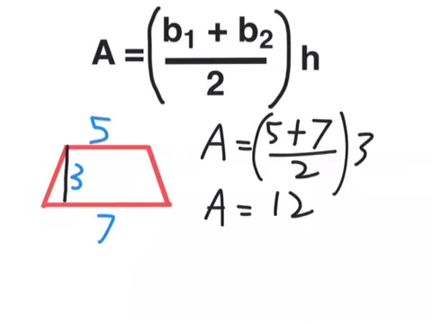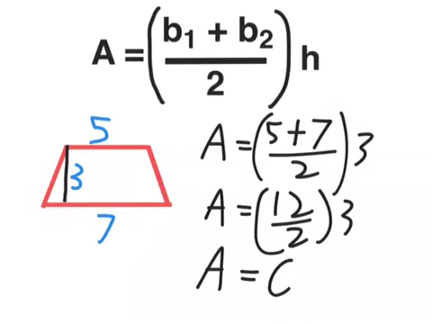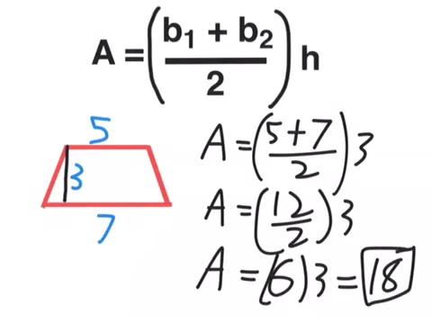So that's 12 over 2 because we add the 5 plus the 7 to get 12. 12 over 2 times 3. 12 over 2 is 6 times 3, which is 18. And so the area of this trapezoid is 18.